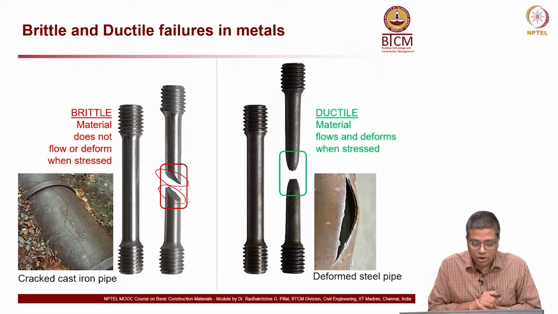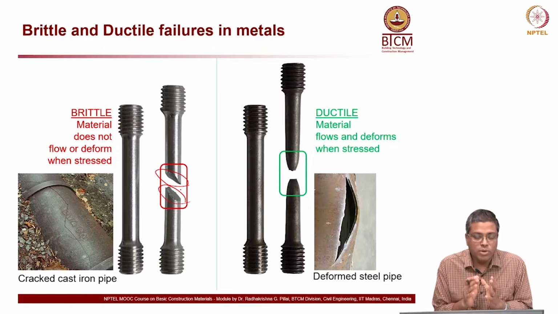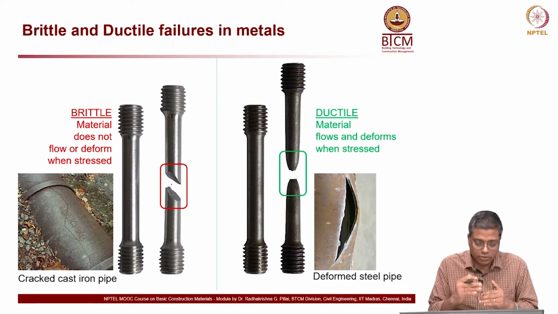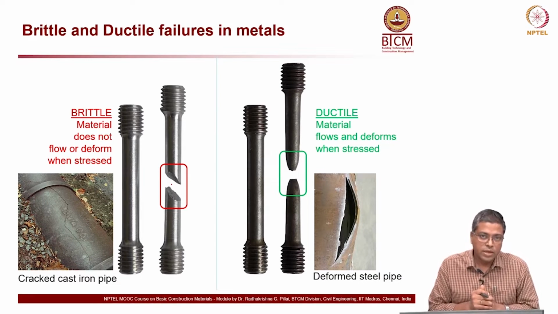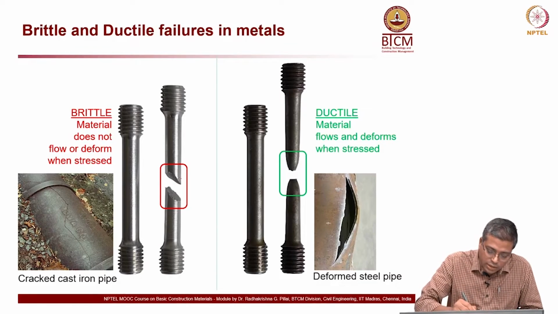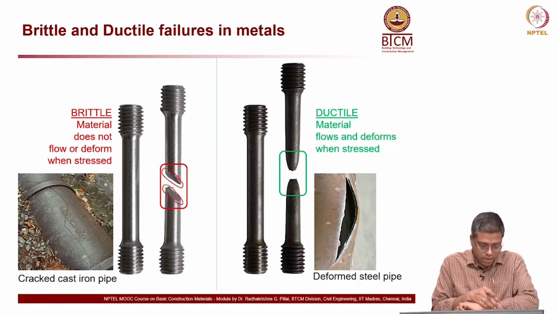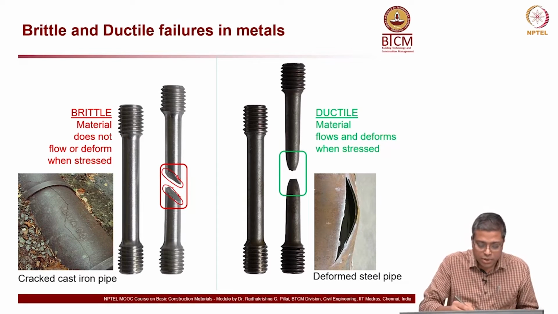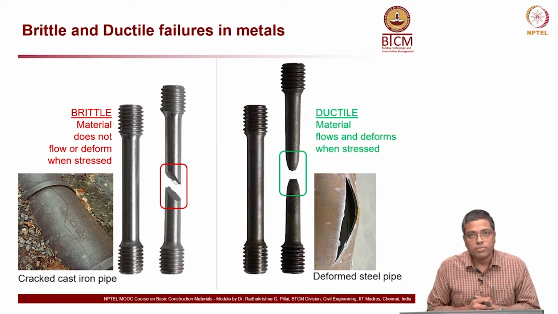There is no deformation which had happened at those fracture surfaces. Okay. In other words, the material at the breaking point, this material here and this material here, did not flow much before it fractured. That means it is a brittle failure.